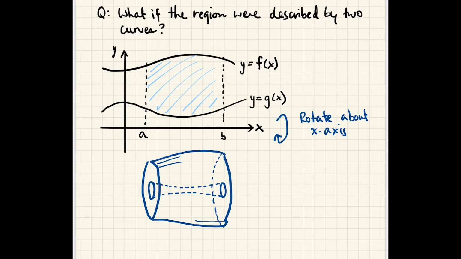Okay, great. Well, what would a cross-section look like? So a cross-section of this guy would be like tracking what happens if we take one narrow rectangle here of width dx and rotated it about the x-axis. Now, let's get our axis of rotation drawn in the solid here.